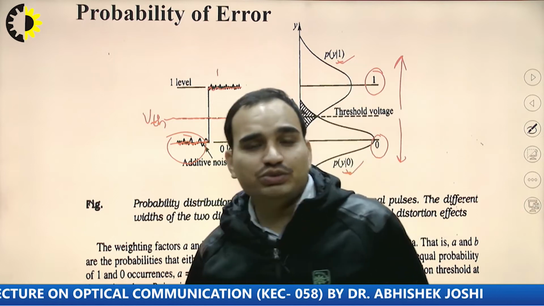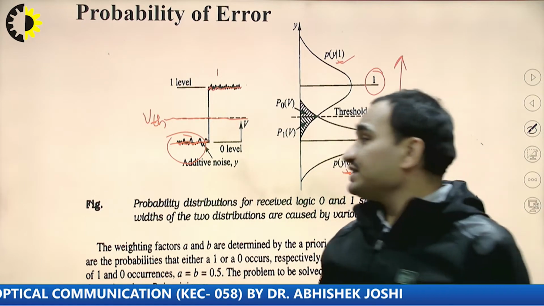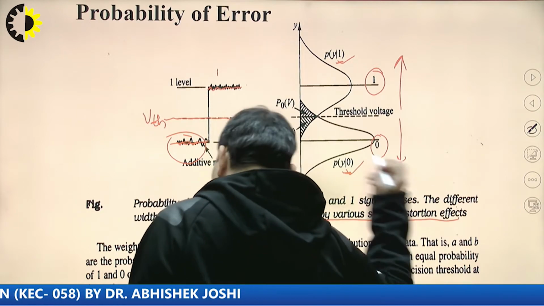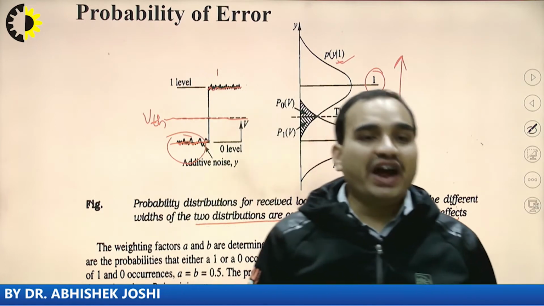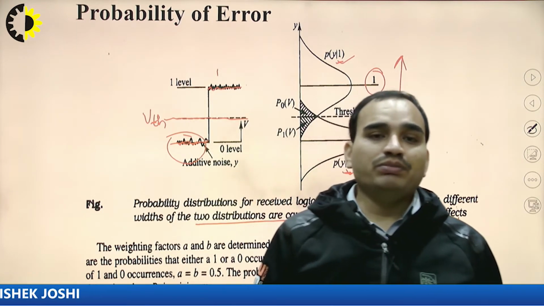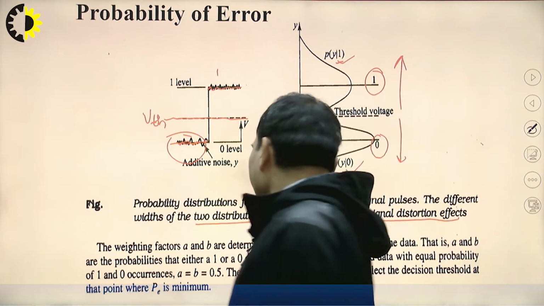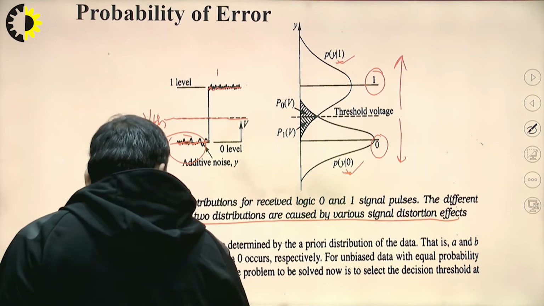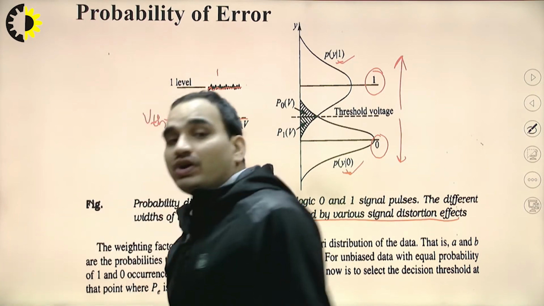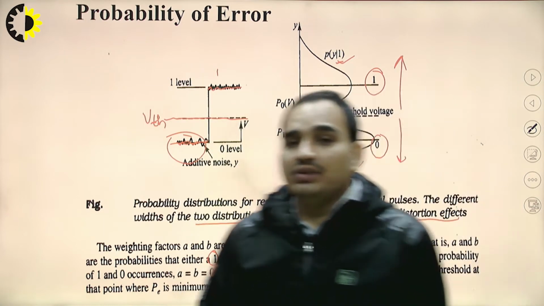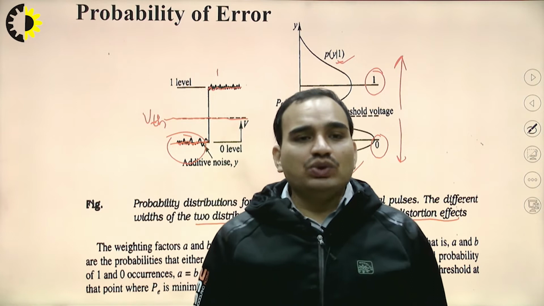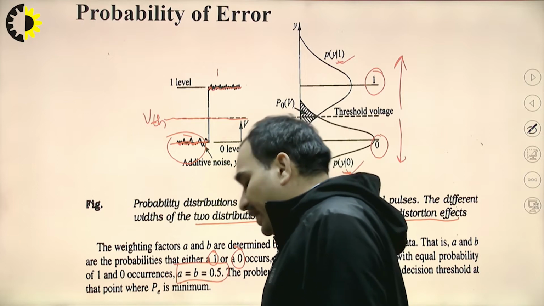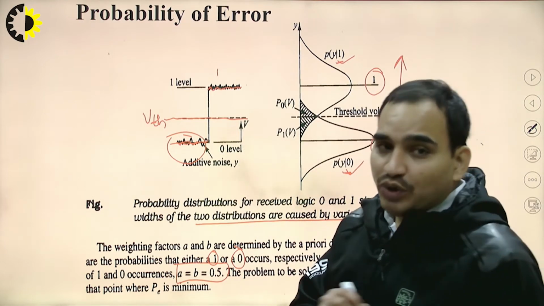That is the probability distribution for the received logic 0 and 1 signal pulses, and the different widths of the two distributions are caused by the various signal distortion effects. The weighting factors A and B are determined by the a priori distribution of the data. That is, A and B are the probabilities that a 1 or a 0 occurs respectively. For unbiased data with equal probability of 1 and 0 occurrence, A equals B equals 0.5, that is 1 by 2.